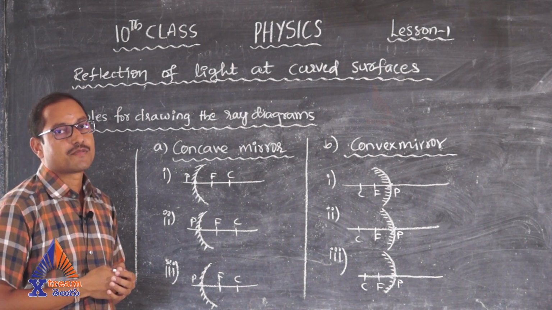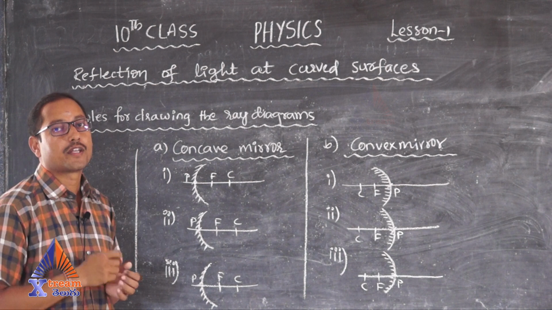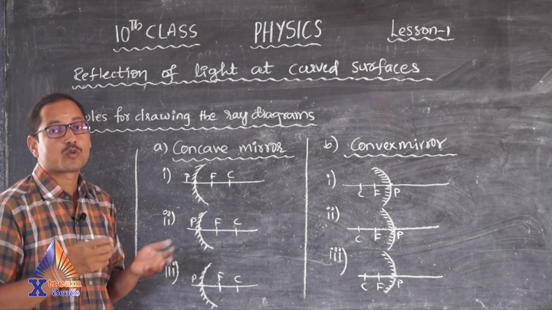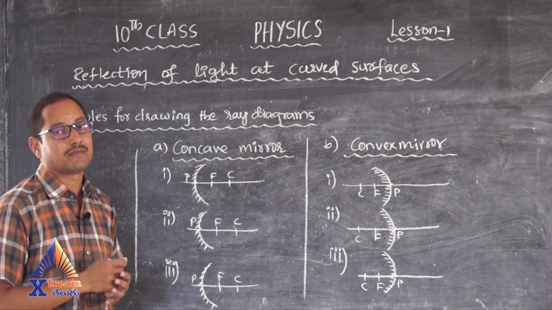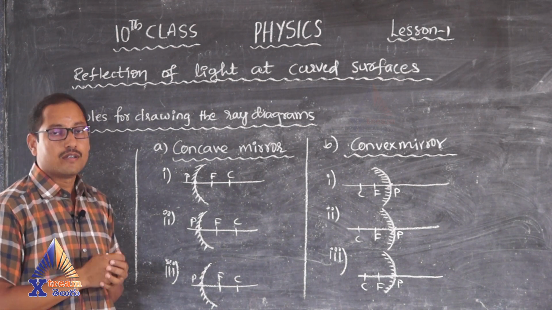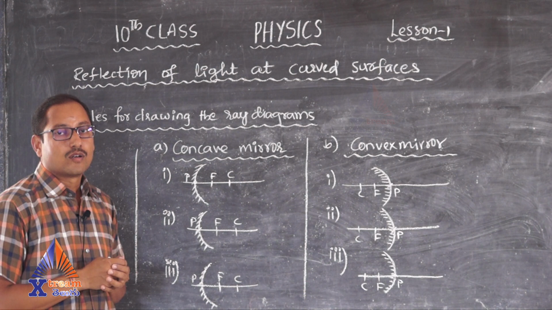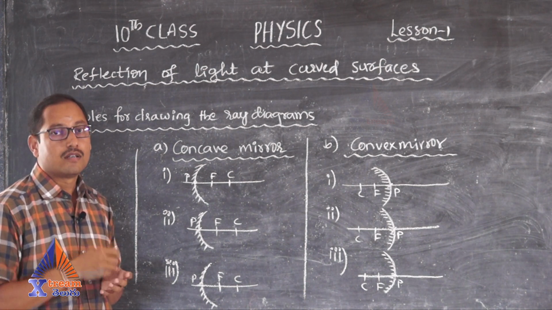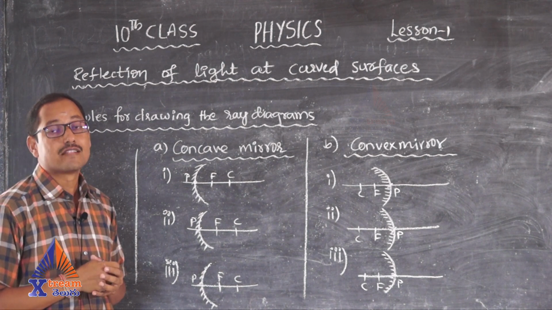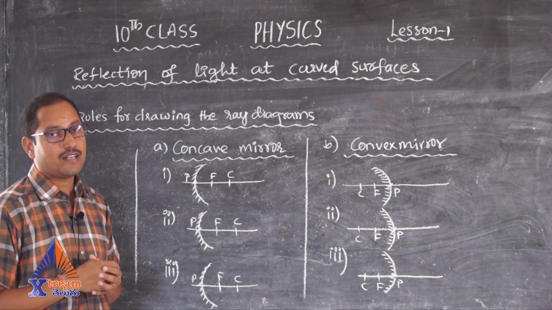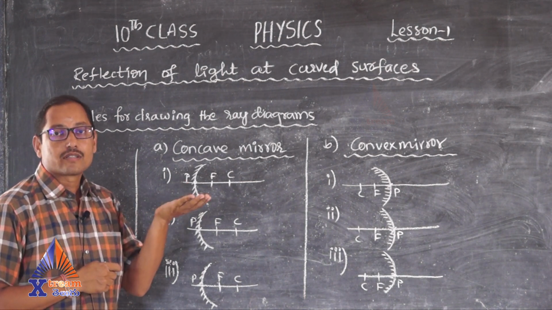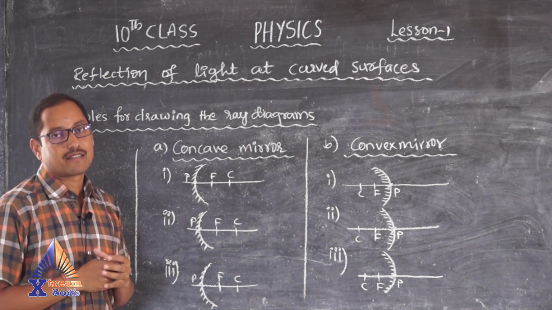These ray diagrams are to be drawn according to some basic rules. Using these basic rules we can draw the ray diagrams easily. So here, the basic rules of drawing ray diagram depend upon 3 magical incident rays. They are, first one, a ray which is coming in parallel to the principal axis.